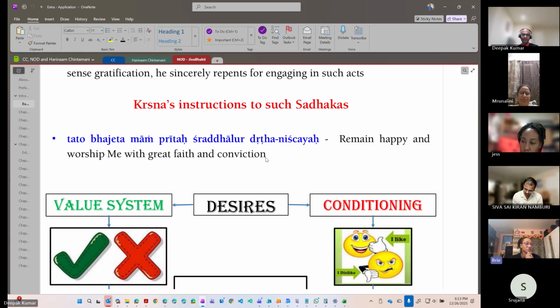Is it based on your desires? It is based on desire. Yeah. Both. So desire is coming sometimes based on my value system and sometimes from my conditioning. But before that, I need to know what is the value system and what is the conditioning we are talking about here.